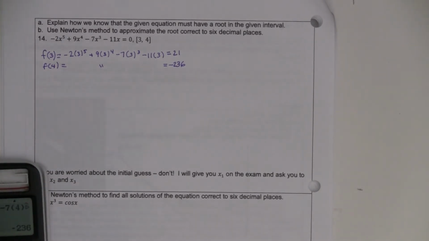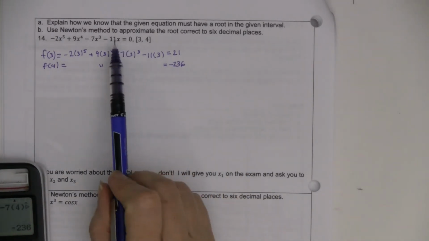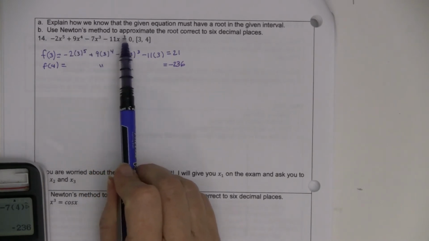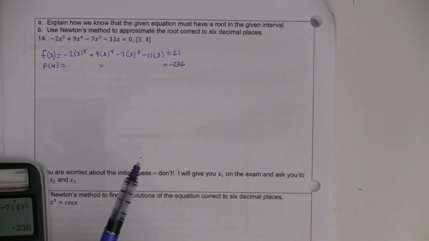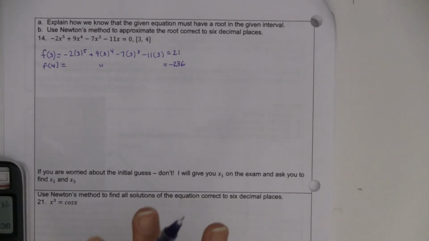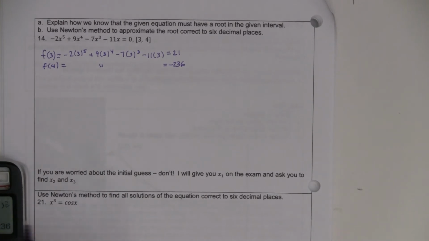So they want us to use Newton's method to find the approximation of the root correct to 6 places. And I want to just show you the process, and then I'll show you how you can do it on your calculator. And so we need to start off with some guess.